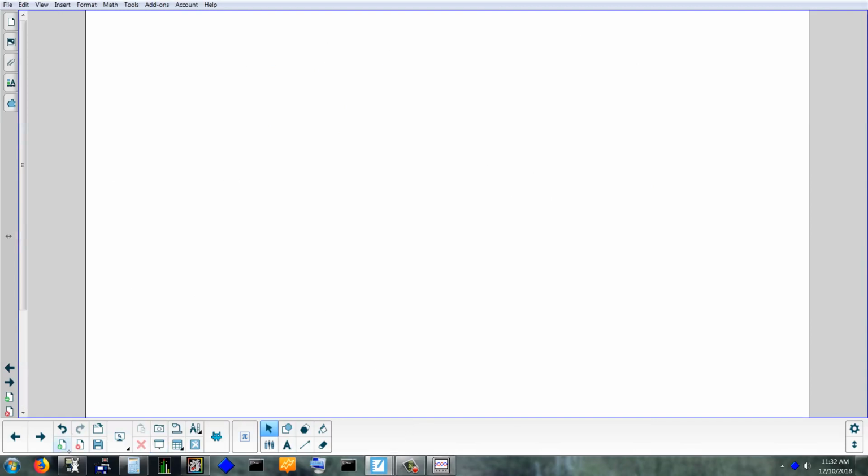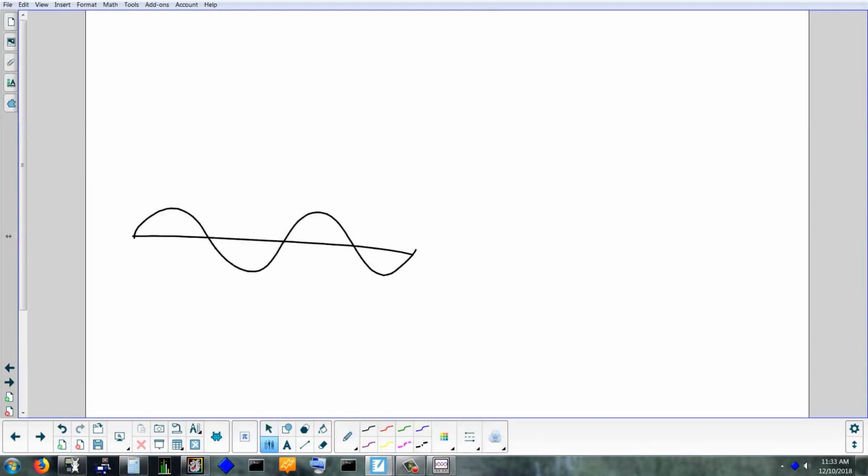So when you've got a wave like that, compared to, let's draw this one. Let's try a different color. Depending on where you're sitting, all of a sudden what happens at some points is the wave is like that.